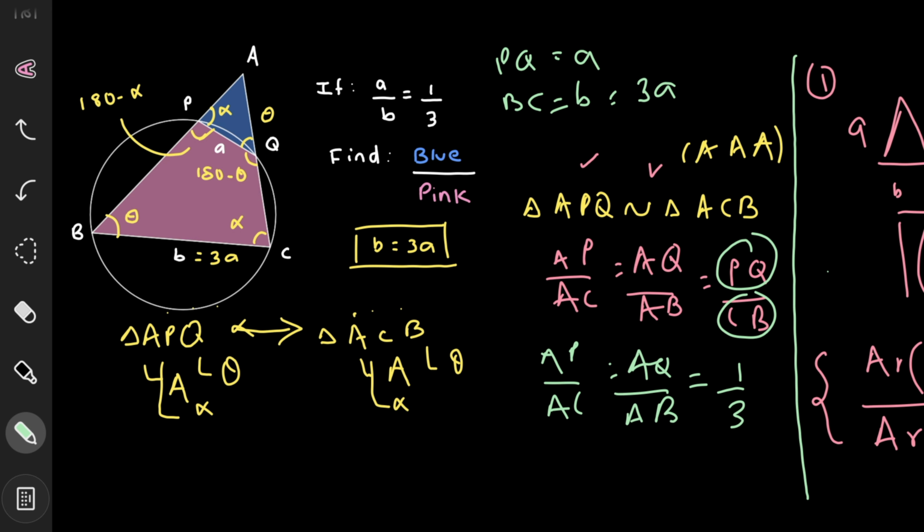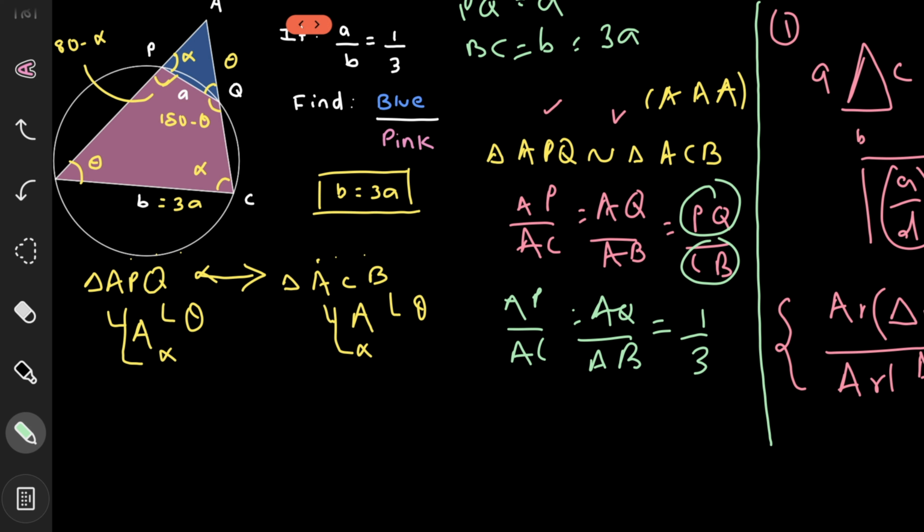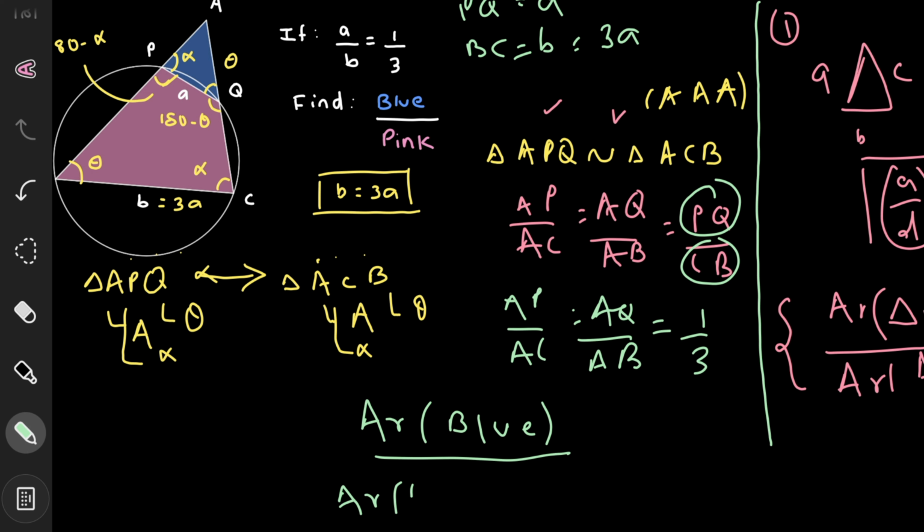Okay. Now as I told you, when two triangles are similar, the ratio of their areas, so area of the triangle APQ, which in this diagram is the blue triangle, so I simply write area blue divided by the area of the triangle ACB, that is the complete triangle, and that is ultimately area blue plus area pink.